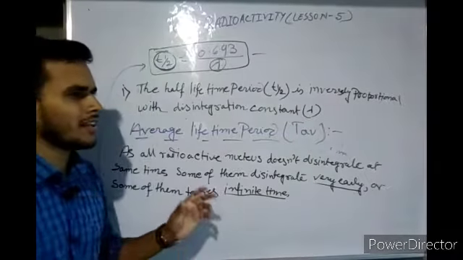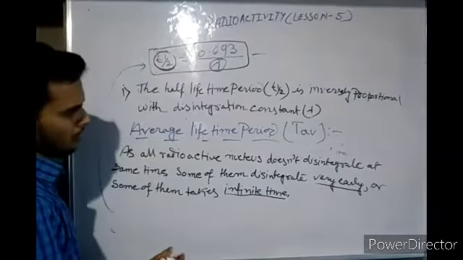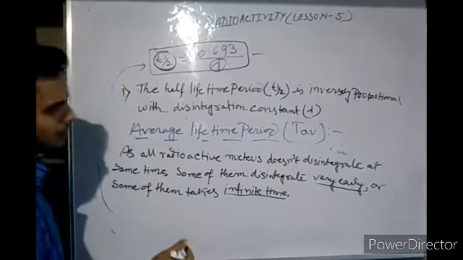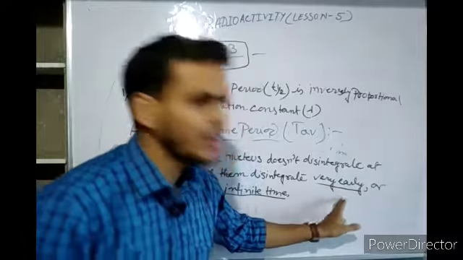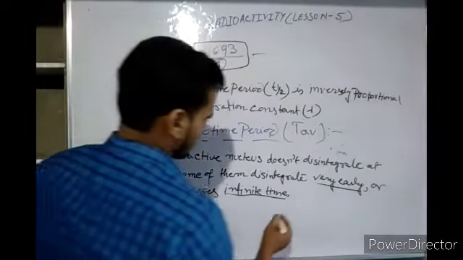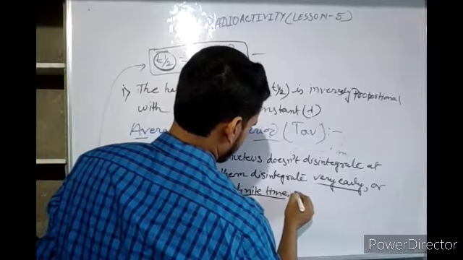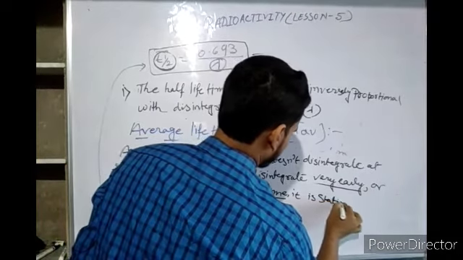So here a range becomes, where a radioactive nucleus disintegrates from early to infinite time. It is statistical.